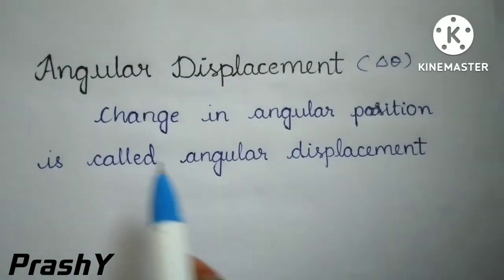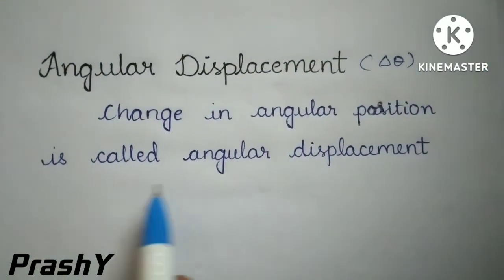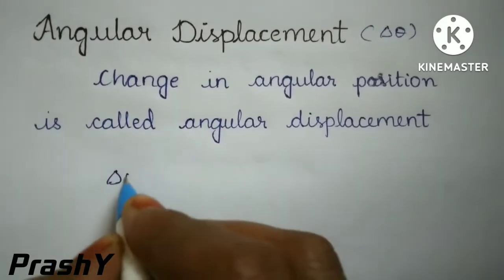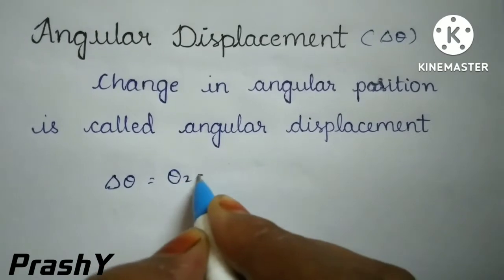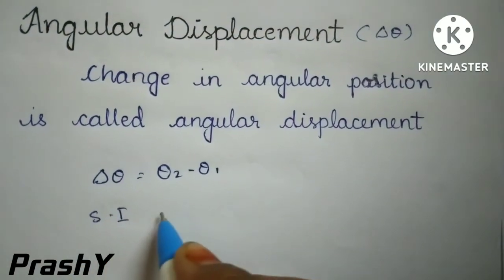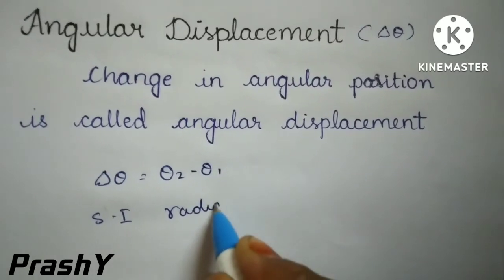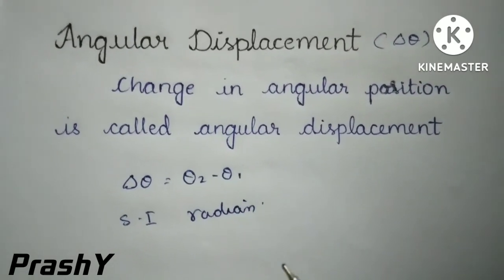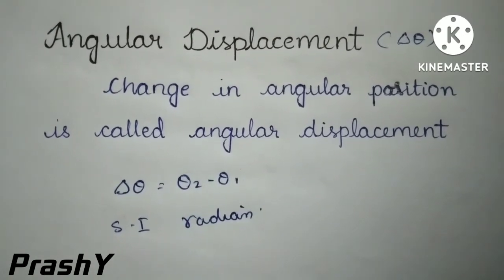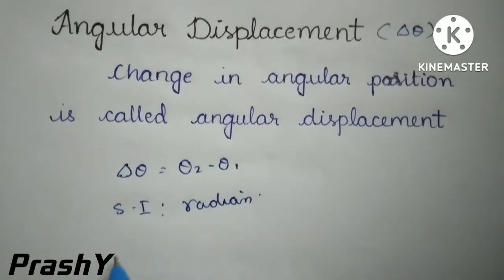So delta theta is equal to theta 2 minus theta 1. Here the SI unit will be radian, since this angle is a plane angle. We know that plane angle is a supplementary quantity, so it has no dimensions.